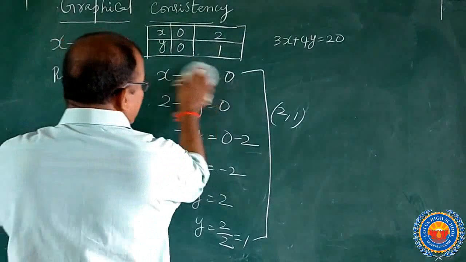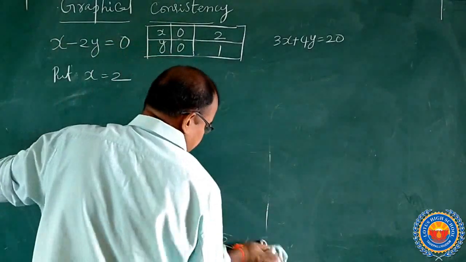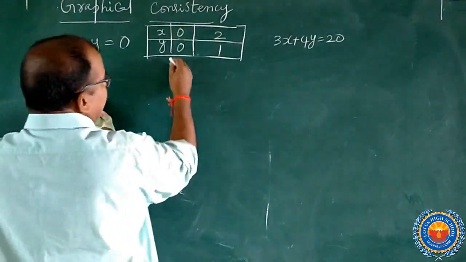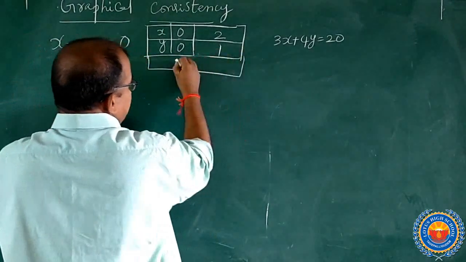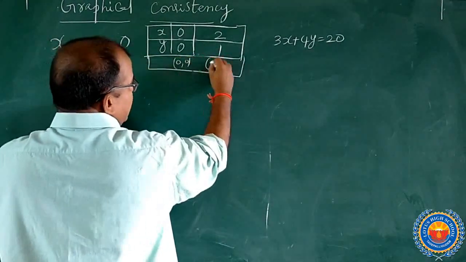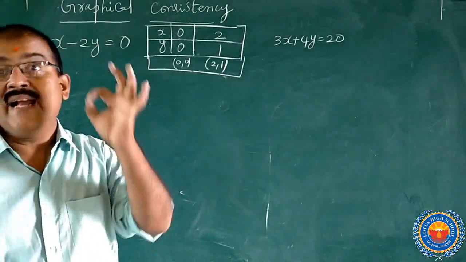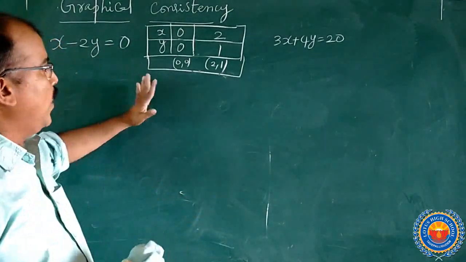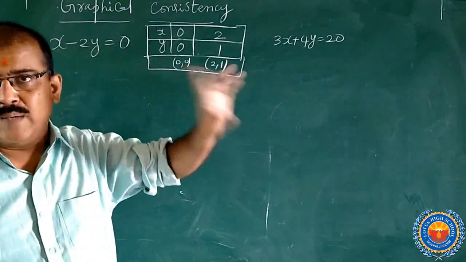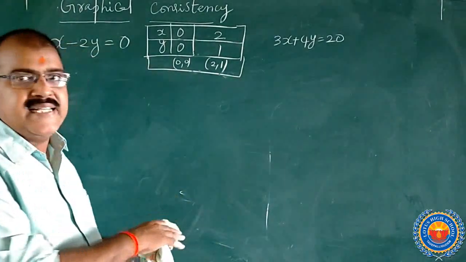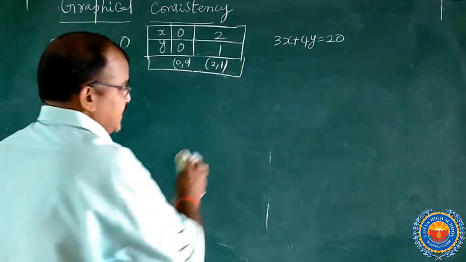So the first one is over. We can plot these points, 0, 0 and 2, 1, on graph paper. You take 4 quadrants and plot the points.